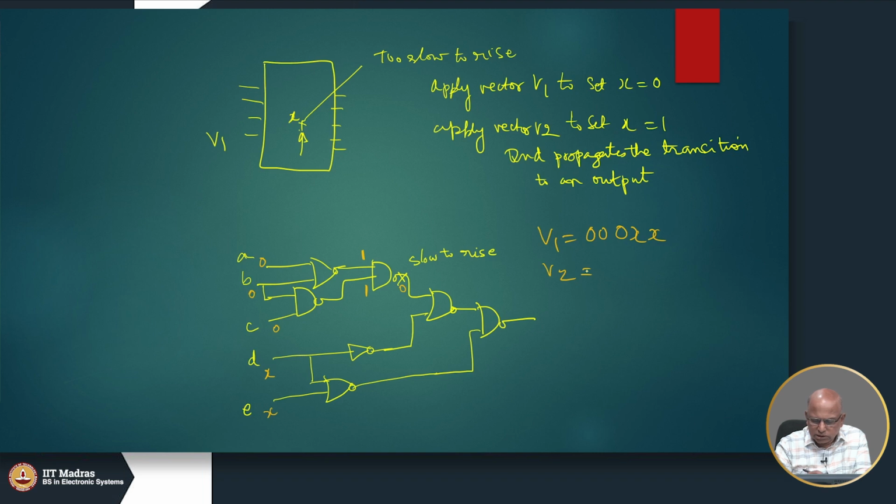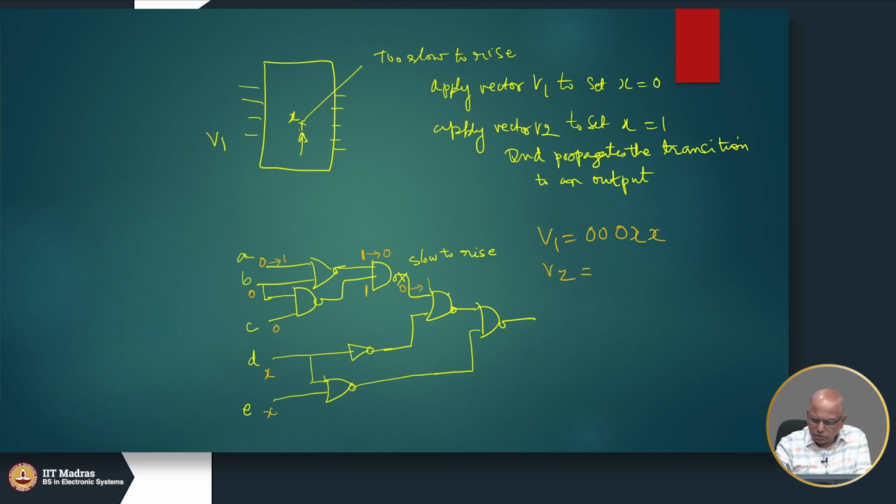V2 must cause maybe one of these to 0. So the easiest way is maybe A or B should be made 1. So we can make A equal to 1. That will cause this to go from 1 to 0, and that will cause this to go from 0 to 1.